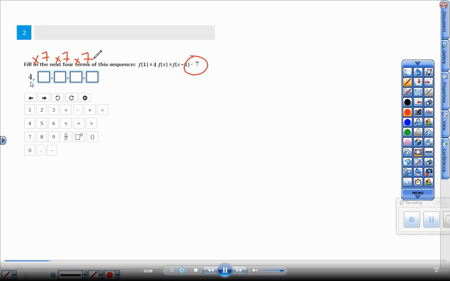So 4 times 7 gives me 28. 28 times 7 gives me 196. 196 times 7, since it's a big number, I'm writing it underneath, 1,372. And then that times 7 gives me 9604.